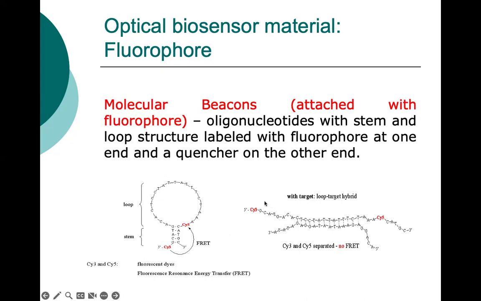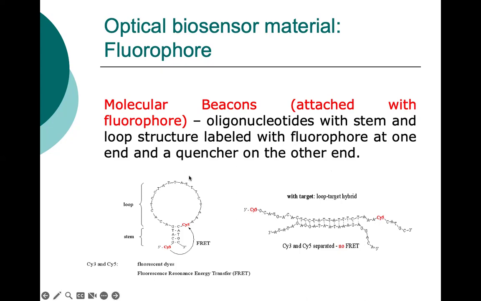When they open up, the positions of CY3 and CY5 are now far away from each other. Due to this, the FRET signal is no longer observed after the interaction.